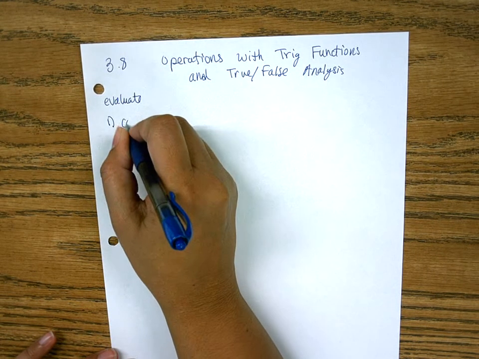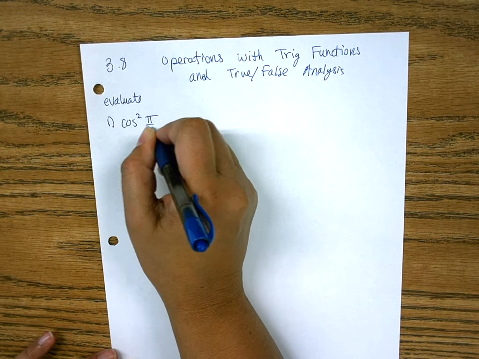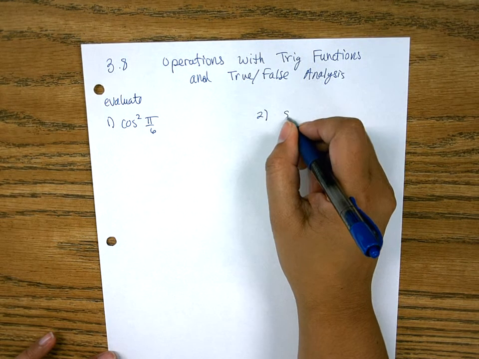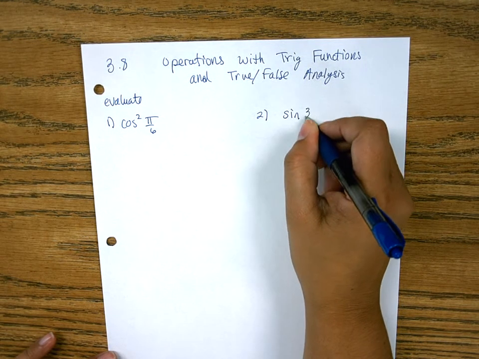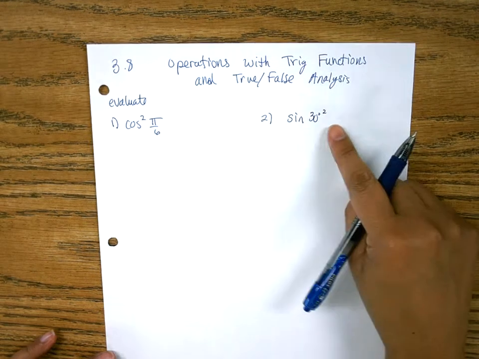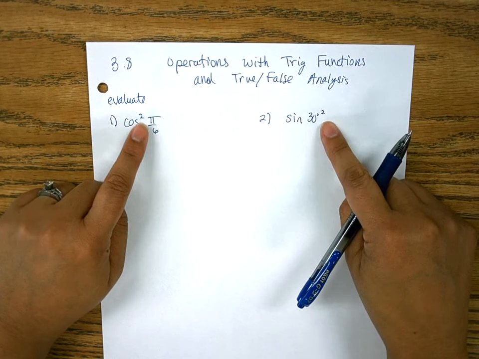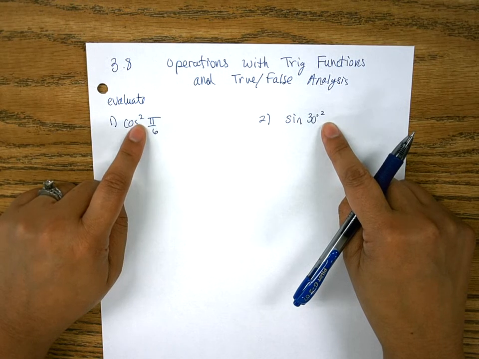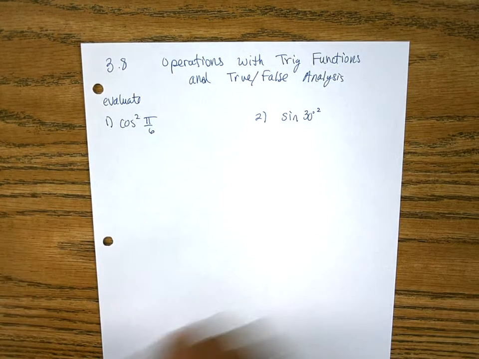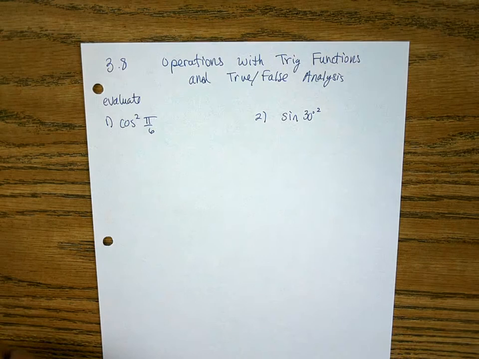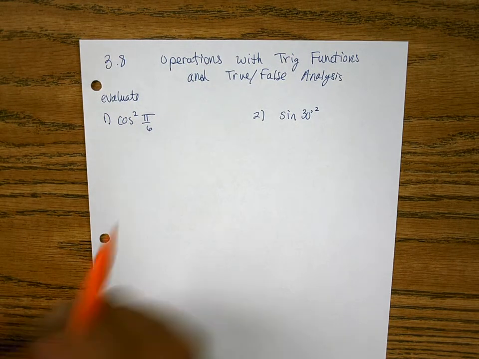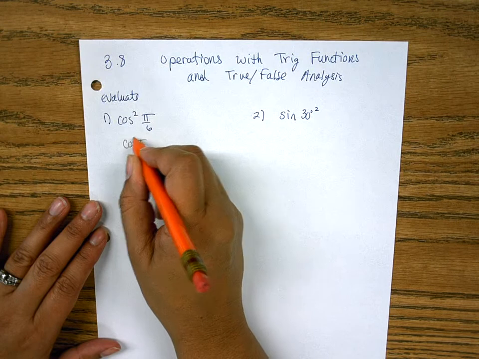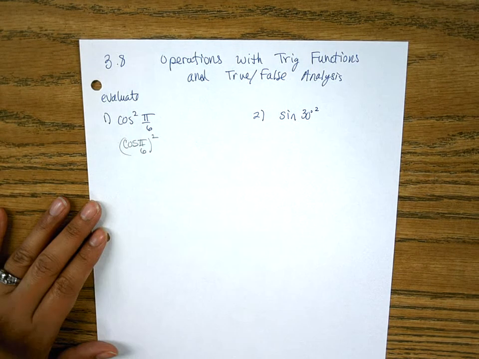Number 1, cosine squared of pi over 6 versus it written something like this, sine of 30 degrees squared. Looking at where the squared is, I'm sure you learned this last year, does make a difference. When it's written like this, cosine squared of pi over 6, this is asking you to find cosine of pi over 6 and then square it.